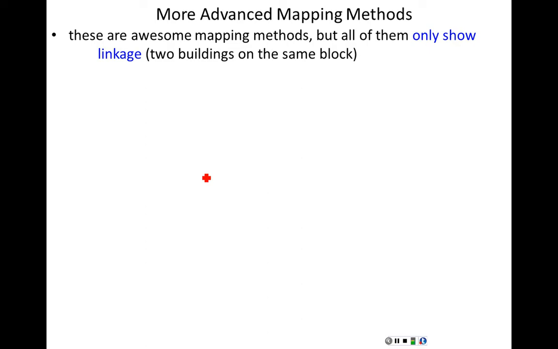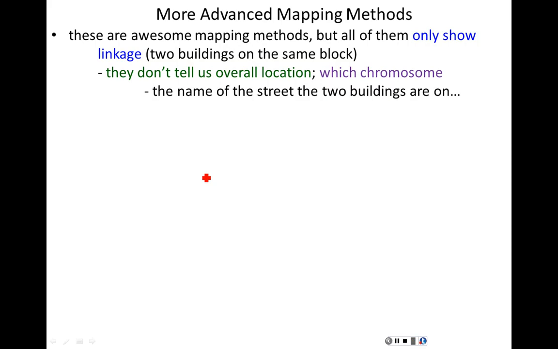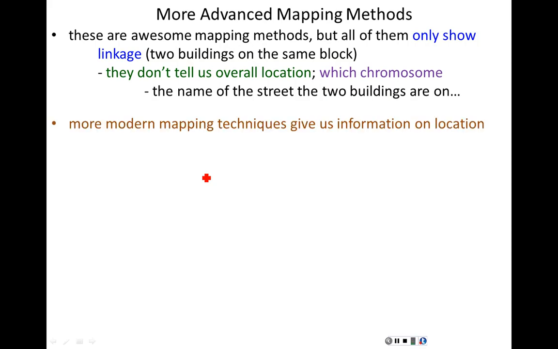Now, these are awesome, mind-blowing mapping methods, but all of them, no matter how advanced, how technologically revolutionary they are, all of them exist to do one thing and one thing only: show linkage, show 2 DNA sequences on the same molecule, show 2 buildings on the same block. They don't tell us the overall location. They certainly don't tell us which chromosome these genes are on. They only tell us where those genes are relative to one another.